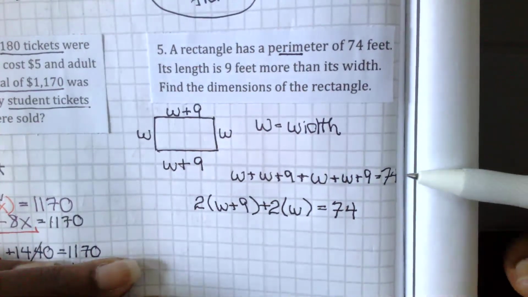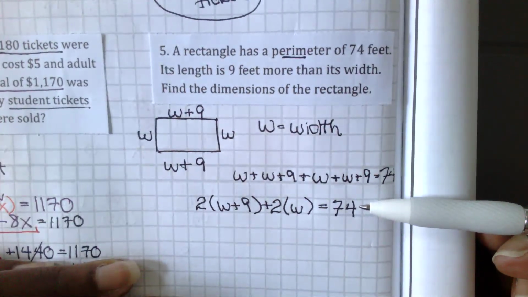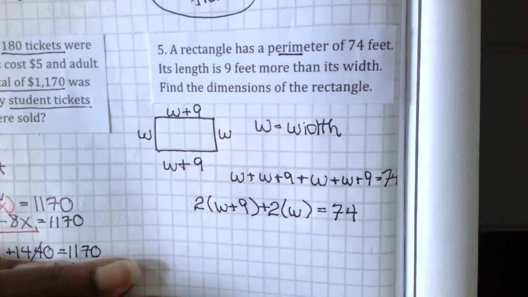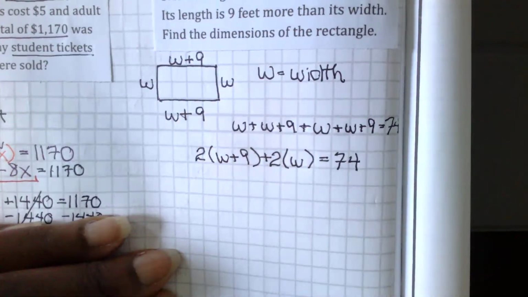Okay, so you can write it out as an extended version, or you can write it out as its condensed version. So here, we will just have to do distributive property.